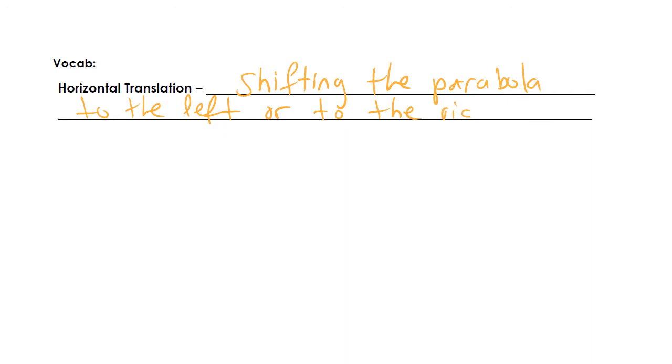Horizontal translation is shifting the parabola to the left or to the right by the vertex values.